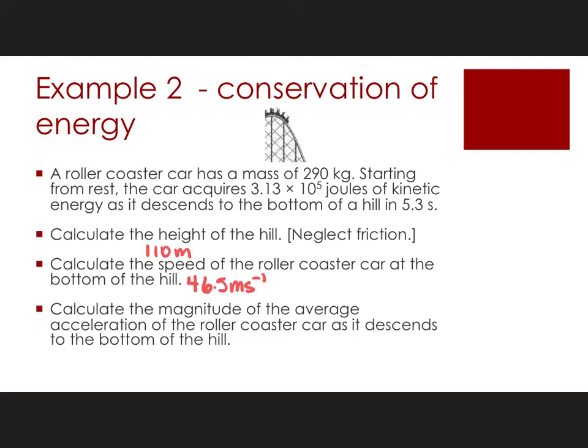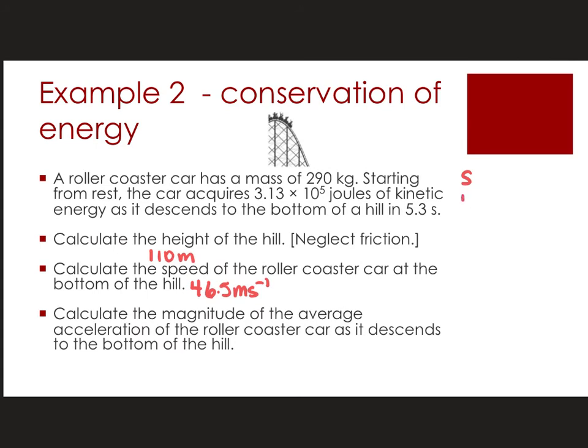So the first thing I need to realize is I'm going to have to use SUVAT. And we've got the time, 5.3. And earlier we suggested that the initial speed was 0, that it didn't have any kinetic energy at the top of the hill. I'm looking for acceleration.